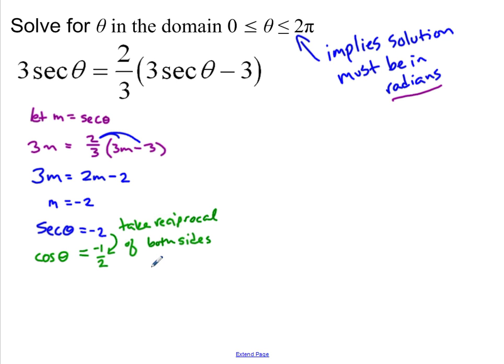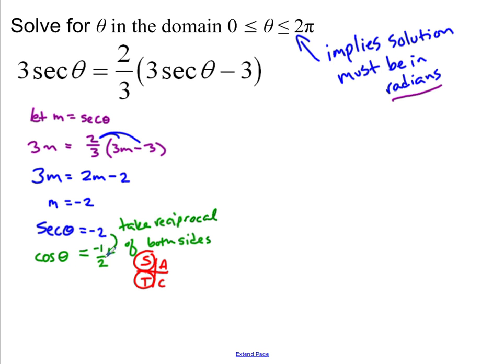So based on that, let's think about what quadrants theta could be in. ASTC, cosine is negative. Please circle the 2 quadrants that cosine is negative in. Okay, so hopefully you circled S and T because they couldn't be positive in all or C. So we know it's in quadrants 2 and 3.